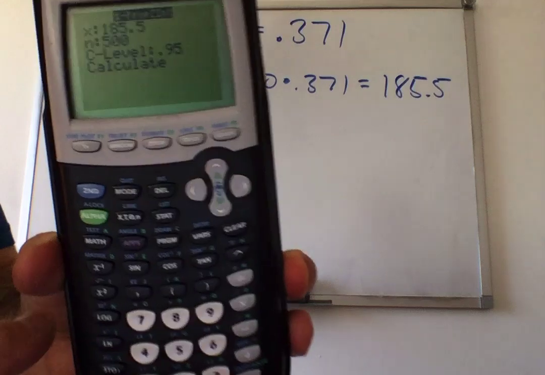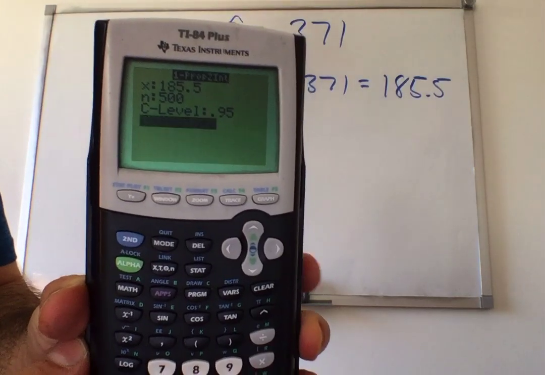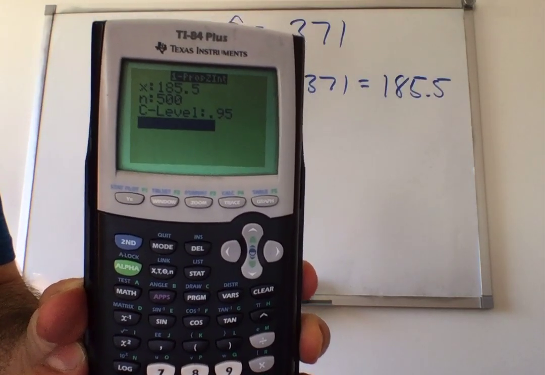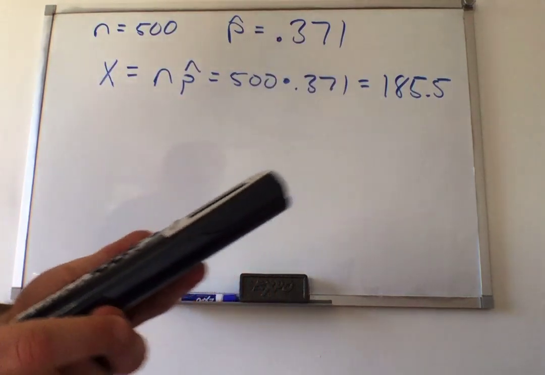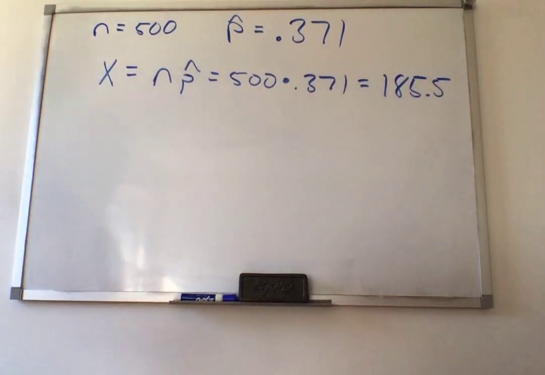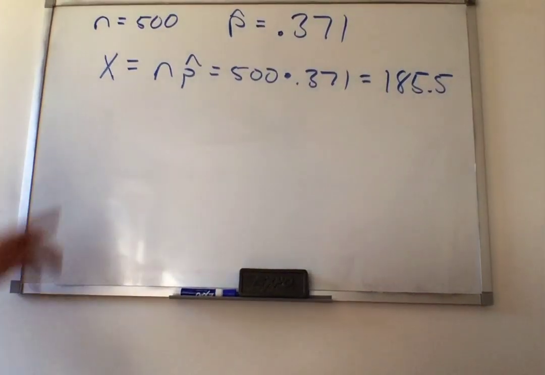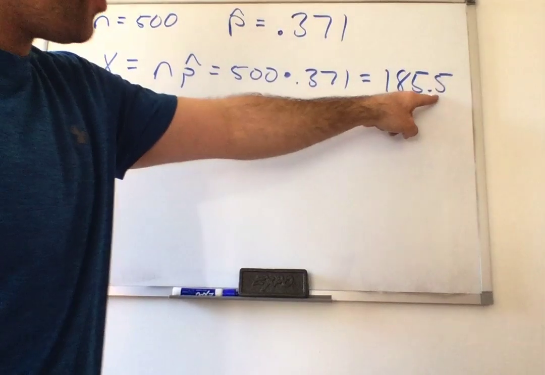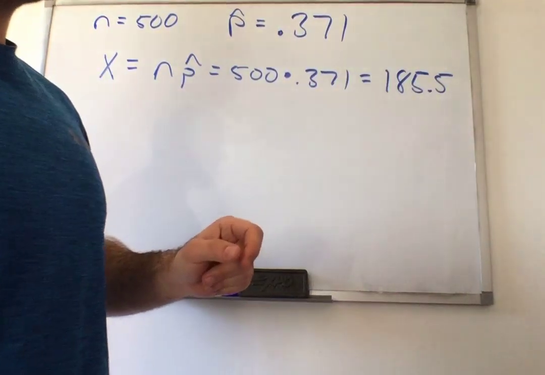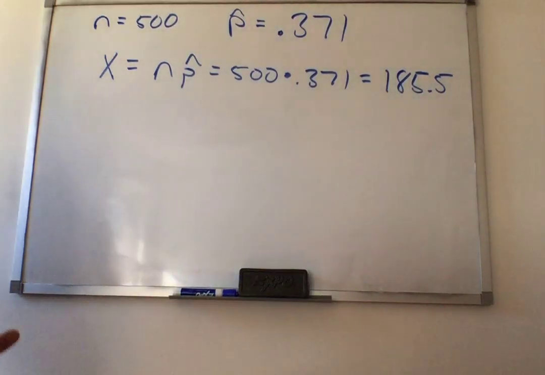Just keep the confidence level the same. And now if I hit calculate, it says error, domain. What that means is that this x value can only take on whole numbers. That's what I was pointing out. Can you have half of a success? No, you cannot have half of a success.